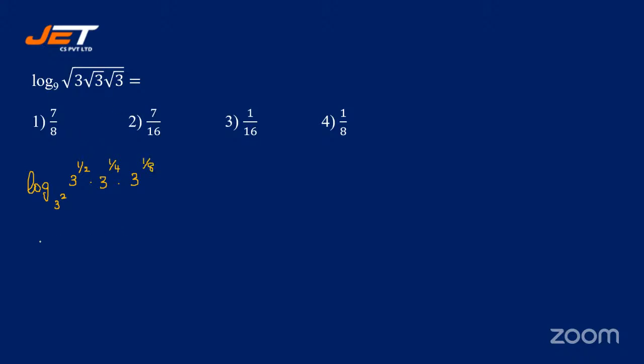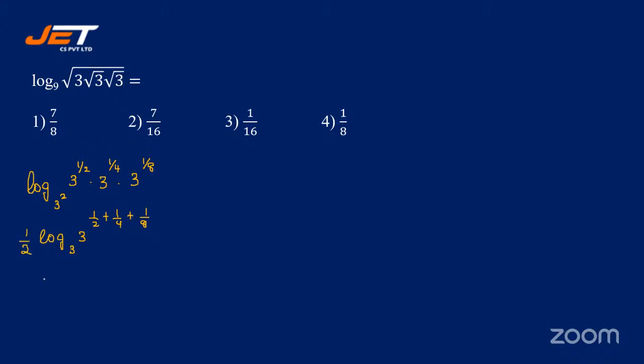All right. So next, so log, you can take 3. Okay. So you can add all the powers. Half plus 1 by 4 plus 1 by 8. Okay. So base 3. So the square can be written over here. That is half.